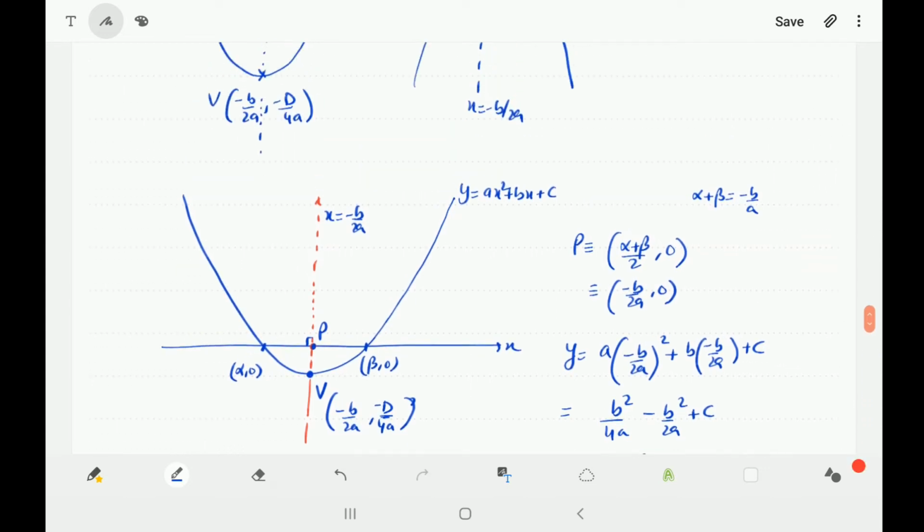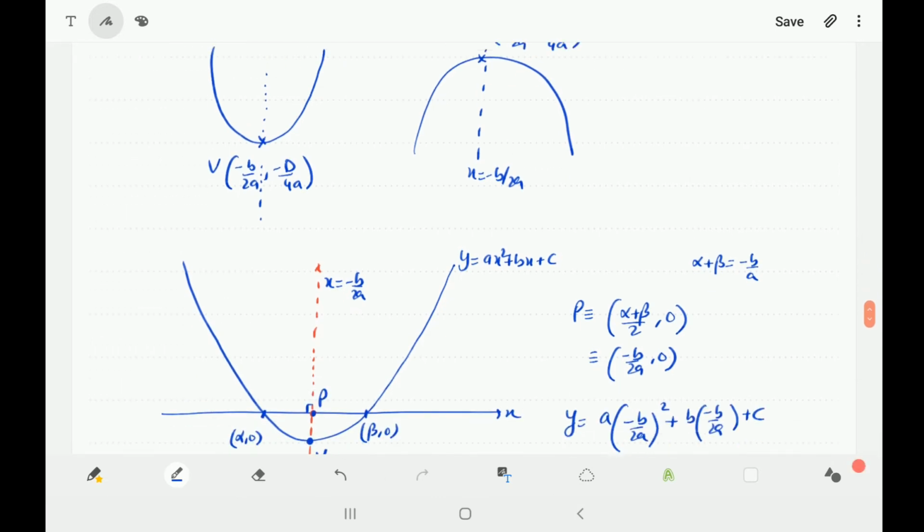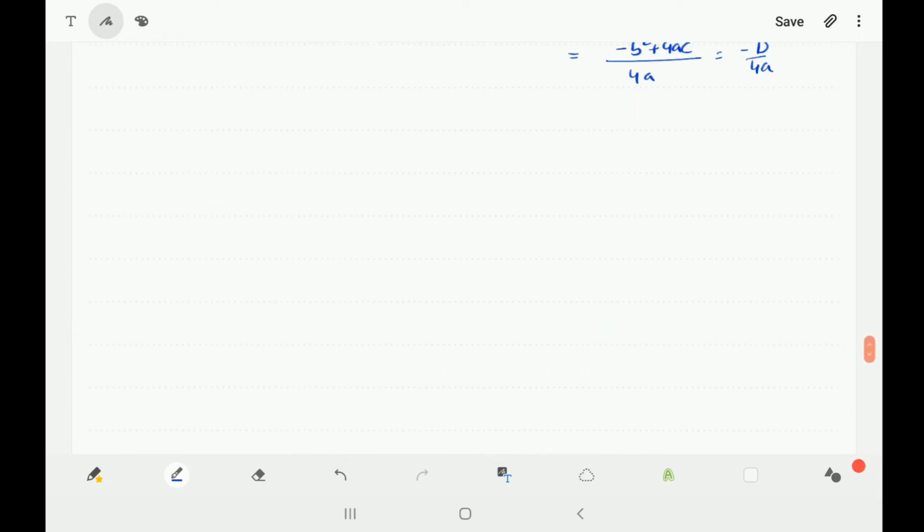For making the parabola, this is quite necessary, because this will also give us the minimum value in this case, and the maximum value in this case. So for making the parabola we need 4 points. What are those 4 points? We'll just recap them. First is a.